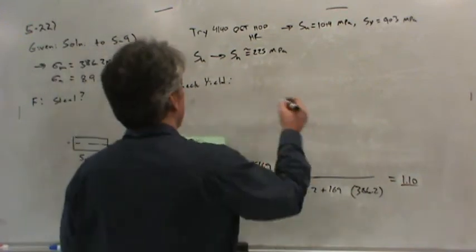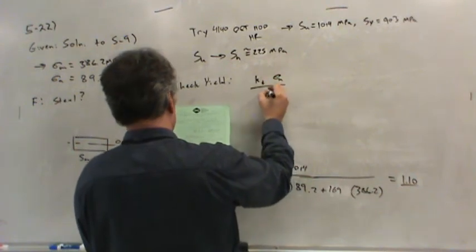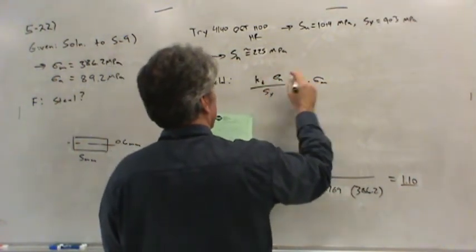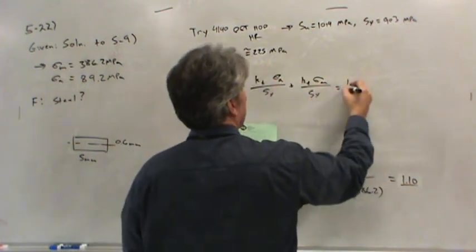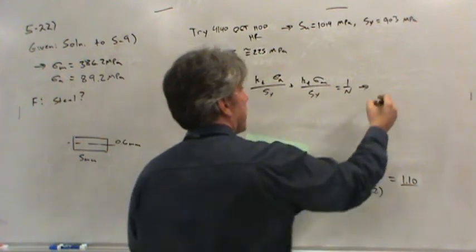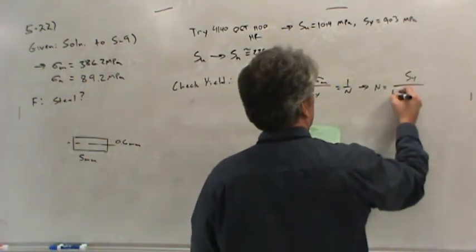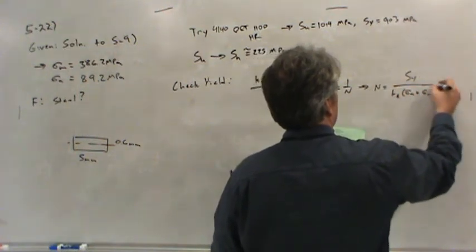So let's find out. Well, the equation is as follows. That's an A, by the way, the alternating stress. We can rearrange this pretty easily to solve for n. It comes out this way. Okay.